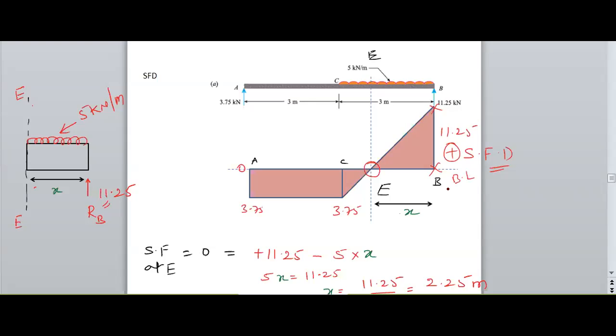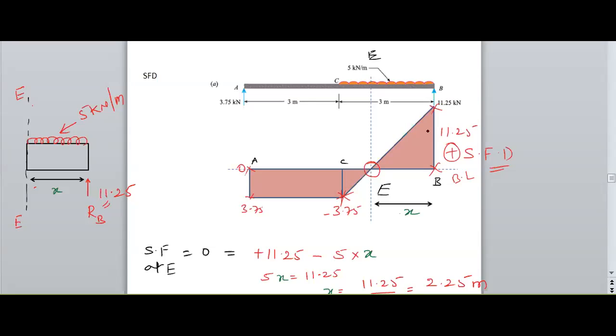Next, before and at C, we are getting a minus 3.75. Therefore I need to move downward direction. So before A has the same value of minus 3.75 and at A it is 0.